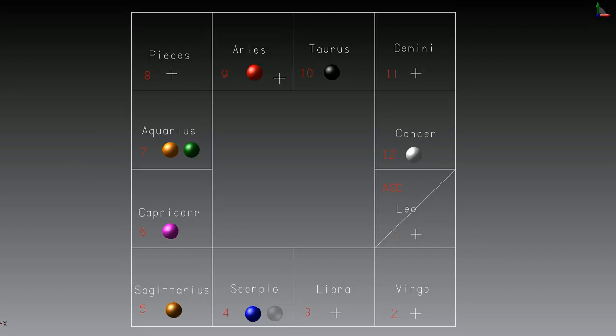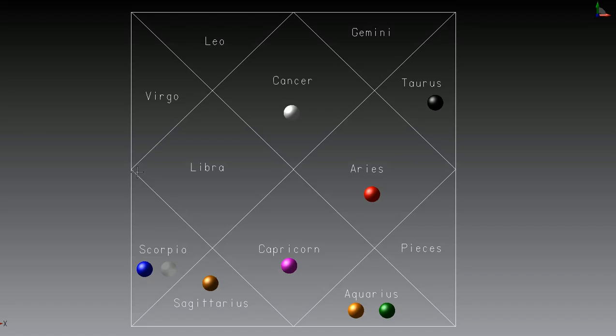Now, this is one type of representation of a Vedic chart in Indian astrology, but there could be another chart, so I would like to go with it. This is another type of chart where the representation is in this particular form.